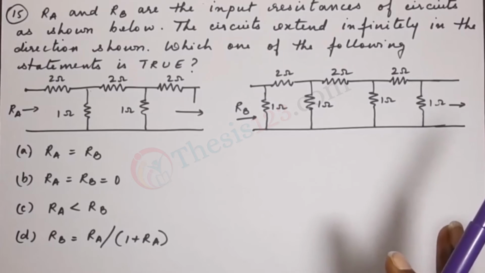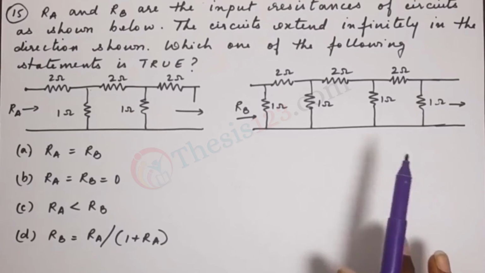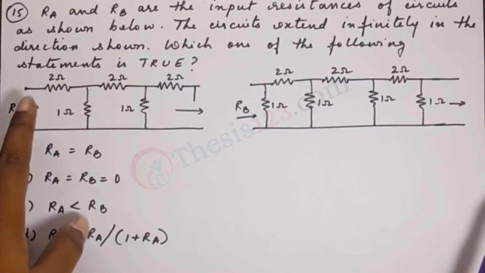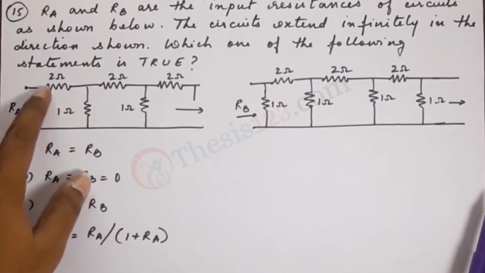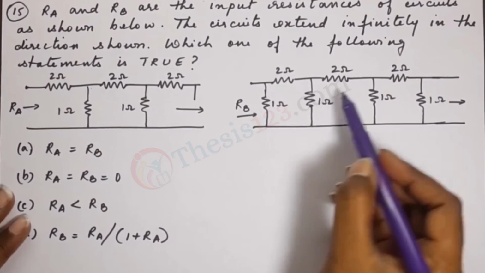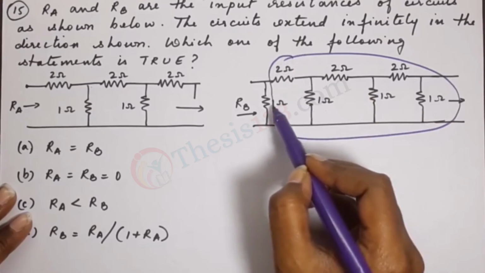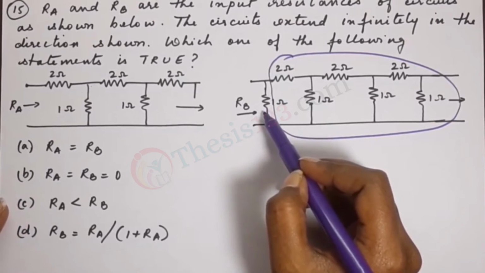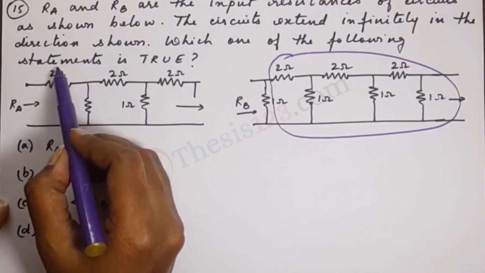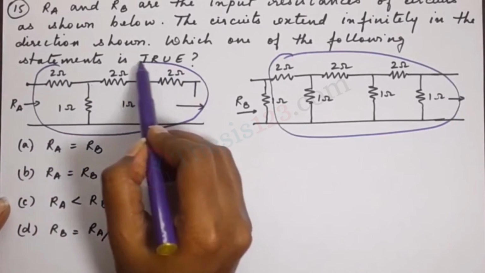Now we have to look at both of these circuits and analyze them. You will notice that this portion is exactly the same as this here. Everything except for this 1 ohm resistor in the beginning is the same as the first circuit over here.